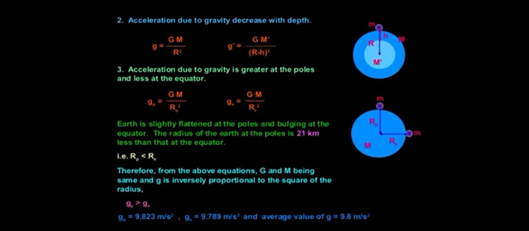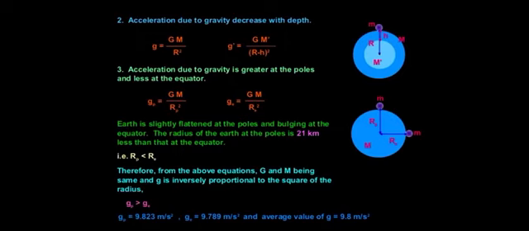Now next is acceleration due to gravity is greater at the poles and less at the equator. Here you can see because earth is slightly flattened at the poles and bulging at the equator, because our earth is elliptical in shape. So the radius of the earth at the poles is 21 kilometer less than that at the equator.